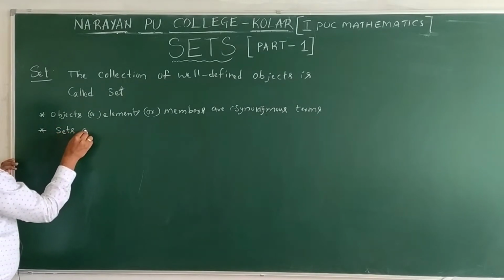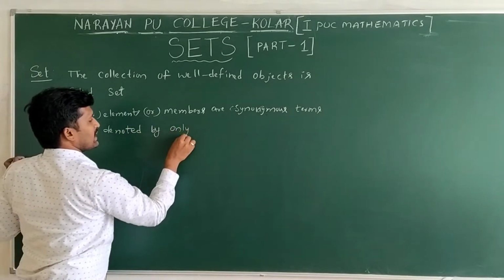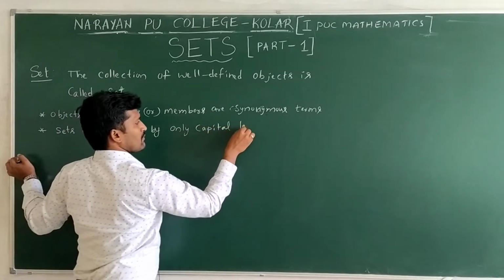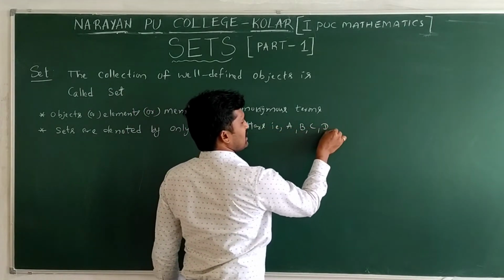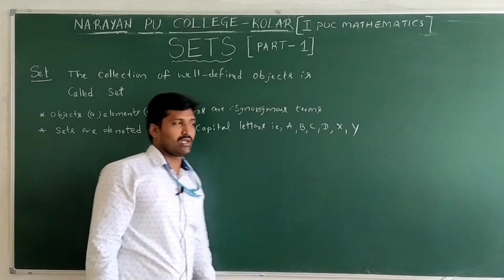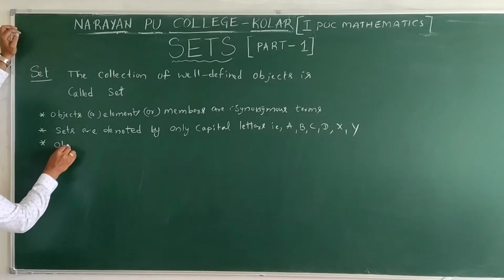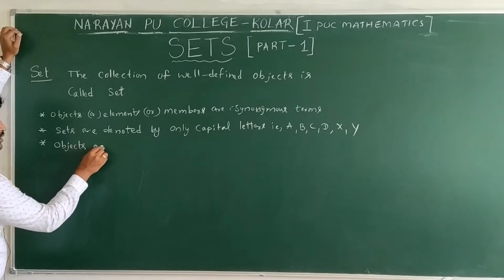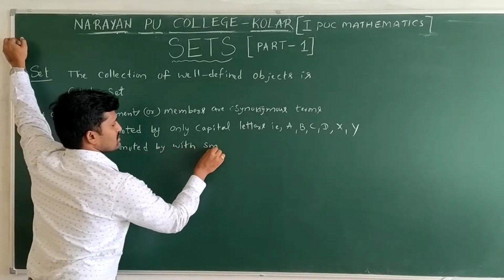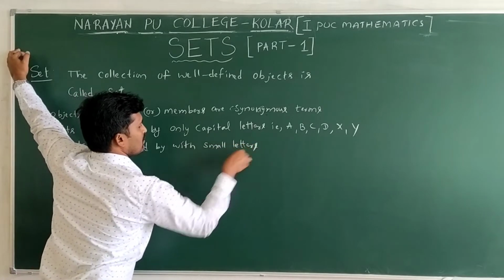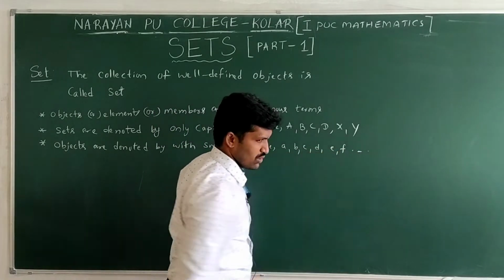Sets are denoted by only capital letters, like A, B, C, D, X, Y, etc. And the elements, the objects, are denoted with small letters, like small a, b, c, d, e, f, and so on.